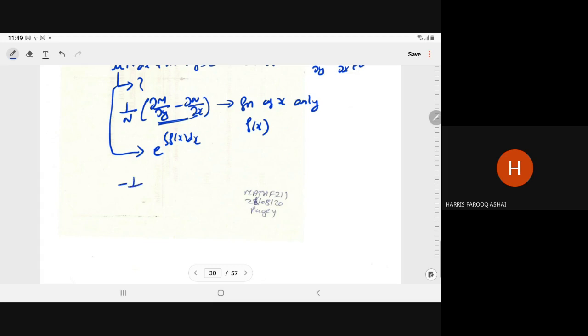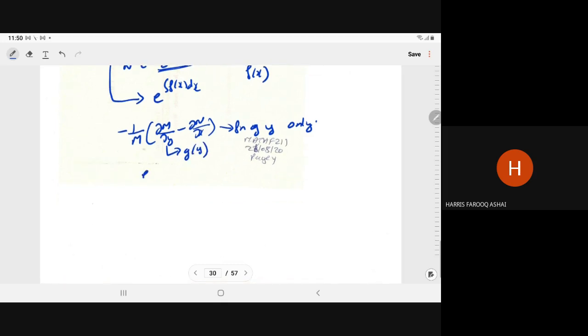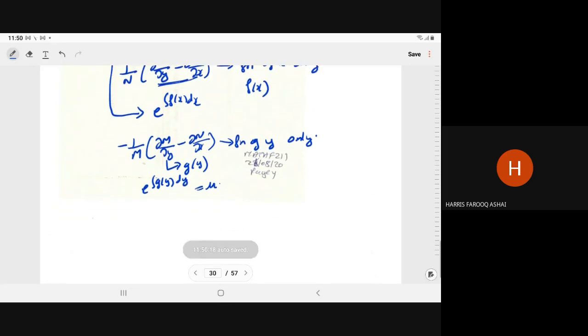Similarly, if minus 1 upon M into del M by del y minus del N by del x is a function of y only, let's say g(y), then e to power integral g(y) dy will be the integrating factor. So in this way we have infinitely many integrating factors for any equation, but with this we can determine at least one integrating factor.